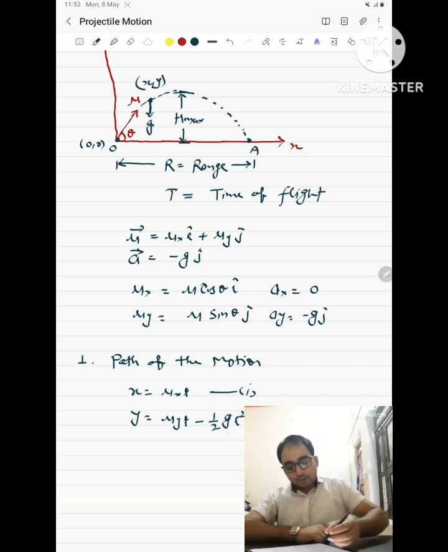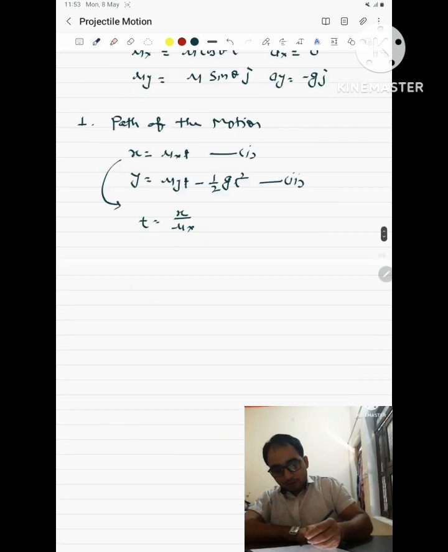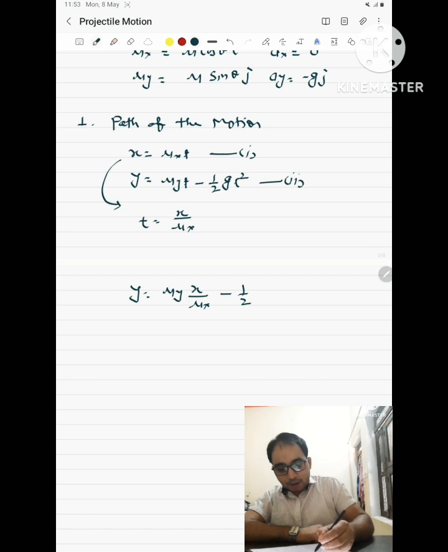Now from equation 1, if we put the value of t in equation 2, from here t is x upon ux, so we can rewrite y is equal to uy x upon ux minus half of g, x upon ux whole square.